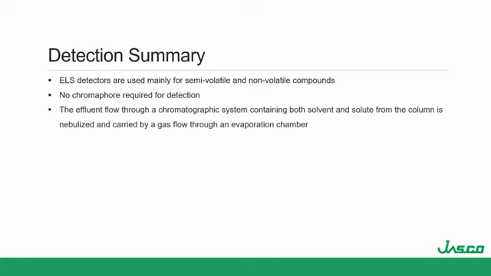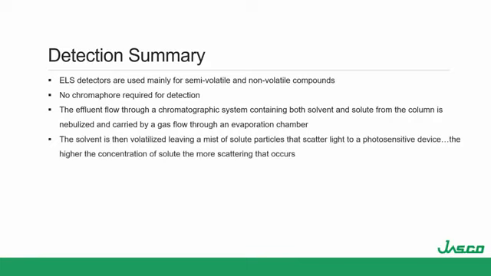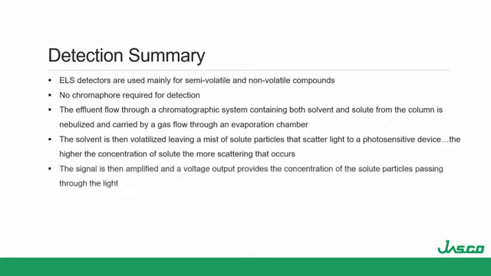Basically, as your mobile phase flows through the chromatographic system, both your solvent and solute from the column are nebulized and carried by a gas flow through an evaporation chamber. The solvent is then volatilized, leaving just your solute particles that scatter light. The higher the concentration of the solute, the more scattering occurs. The signal is then amplified, and a voltage output provides the concentration of the solute particles passing through the light.